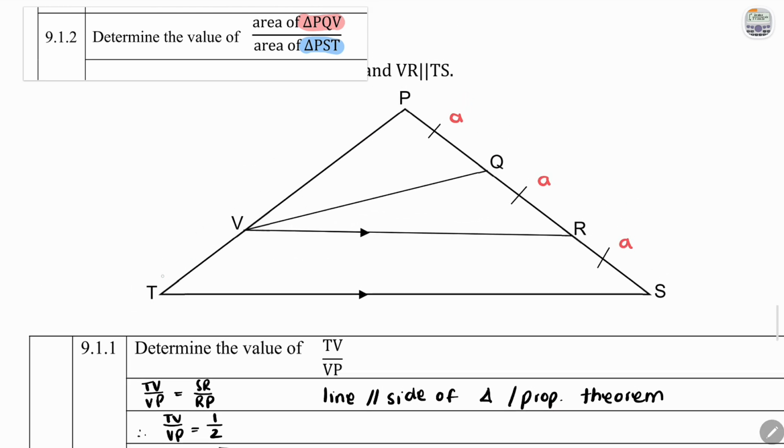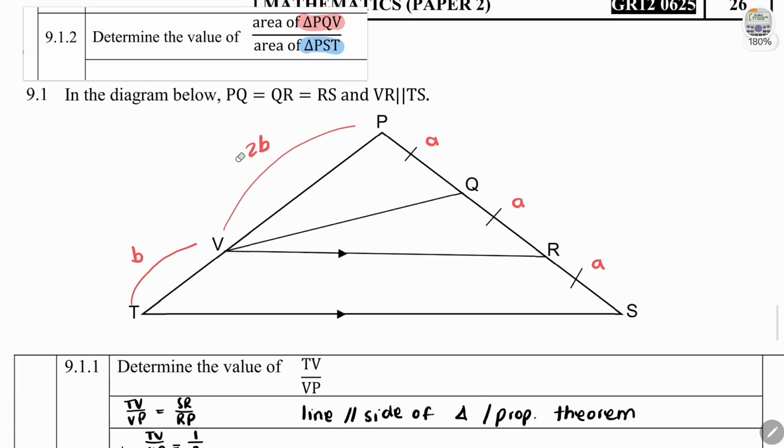Looking at those ratios, TV takes the 1 part, and you can call that another letter, B. VP takes 2 parts, so we can call that 2B. We're only going to use their ratios; it's really just to differentiate between a length and a ratio.